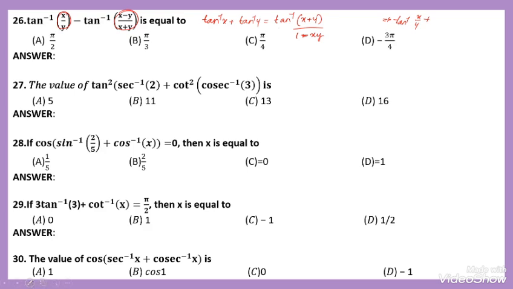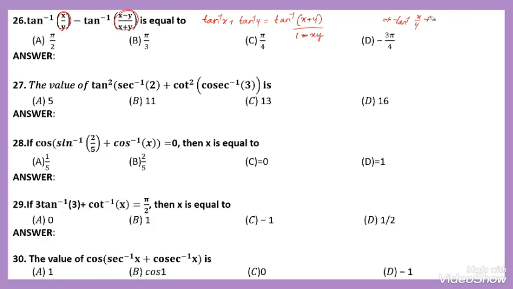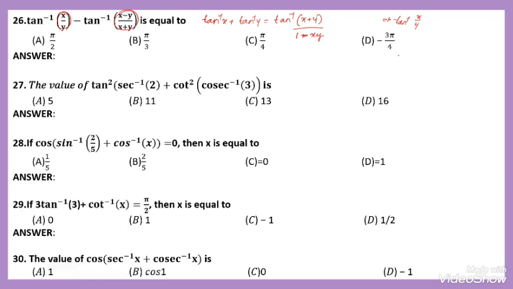According to the formula, in place of plus it will be taken as minus: tan inverse of x minus y divided by x plus y, again divided by 1 plus x by y into x minus y over x plus y.